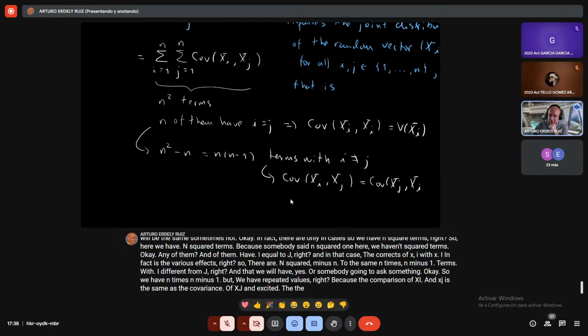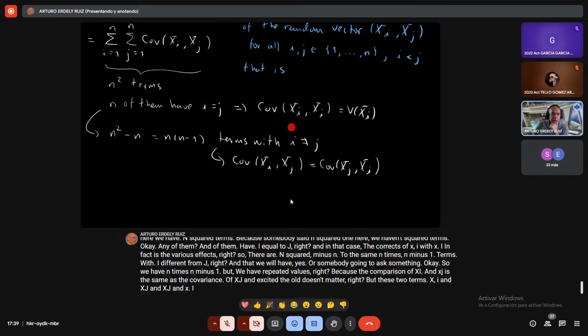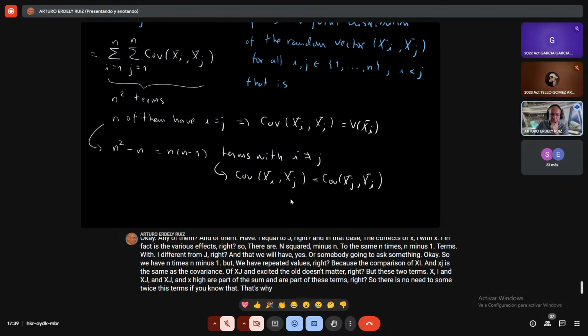The order doesn't matter, right? But these two terms, xi and xj and xj and xi, are part of this sum. So there is no need to sum twice these terms if you know that.